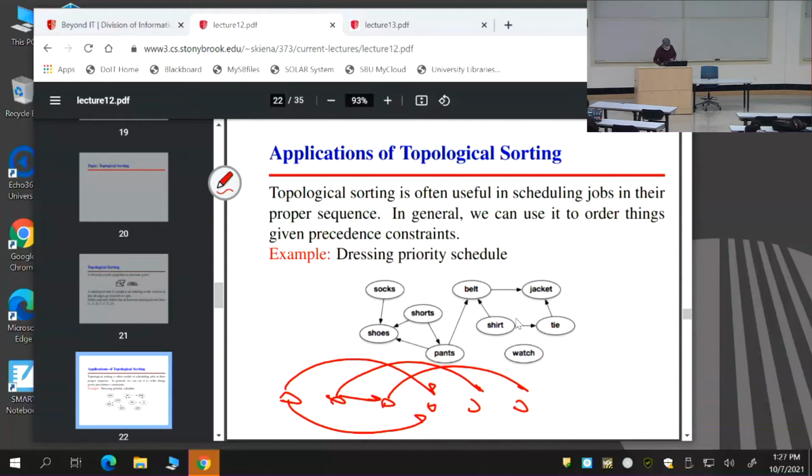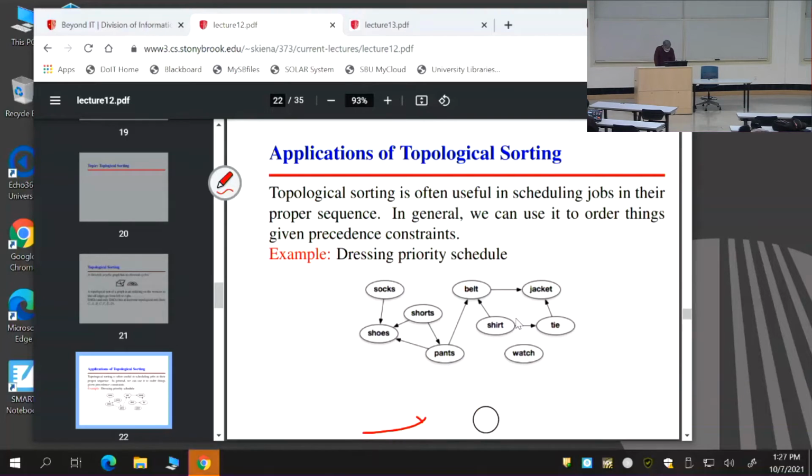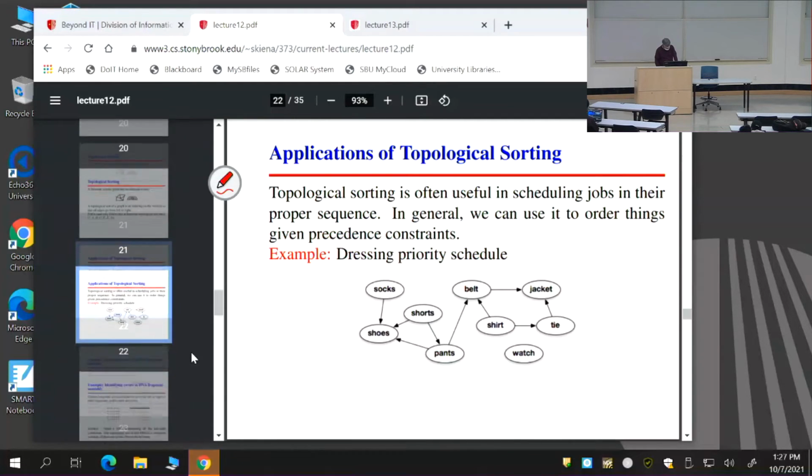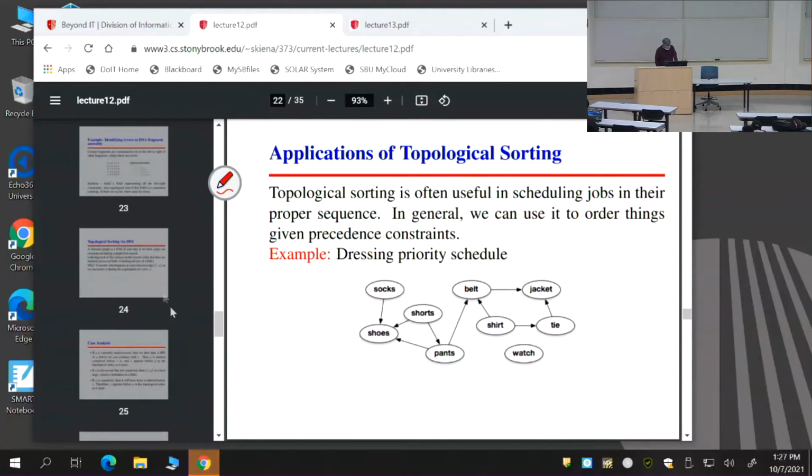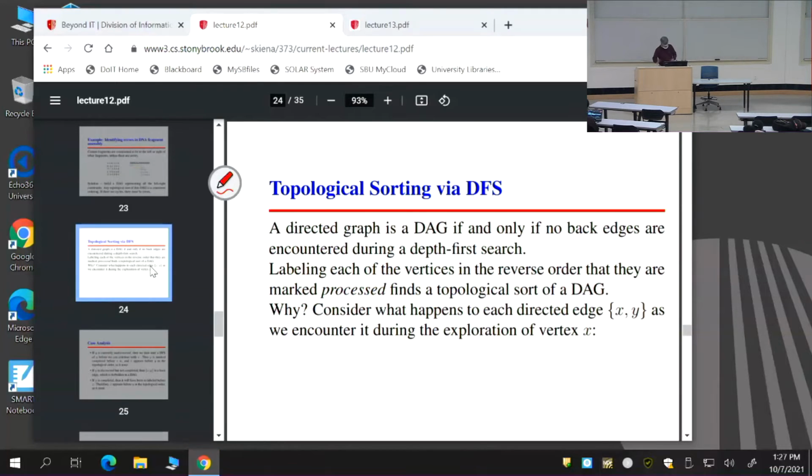So how can we find a topological sort? Well, there's two different algorithms that I'm going to present, both because both are fairly easy. The prettiest one is the one that just uses depth first search.